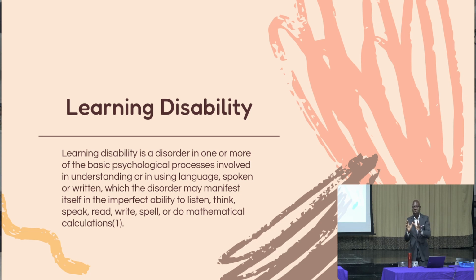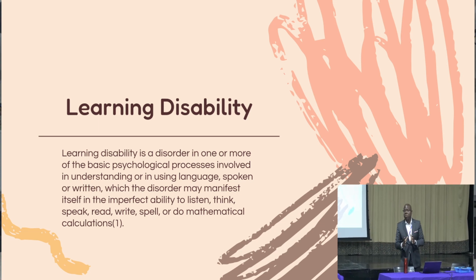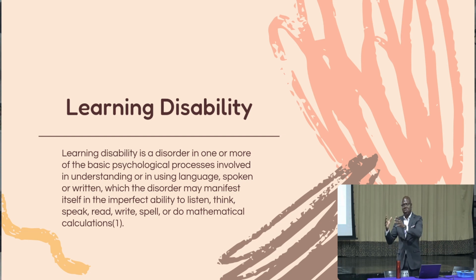So when you have students with learning disabilities who have problems with comprehension, an individual without a learning disability can read information and process it automatically as they read it. A student with a disability would have to read information, and then they forget what they read, and they have to read it again and again and again.